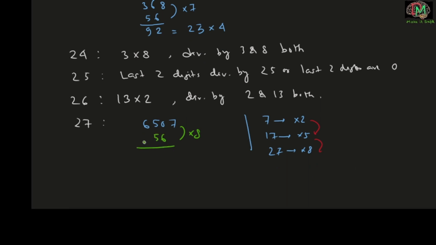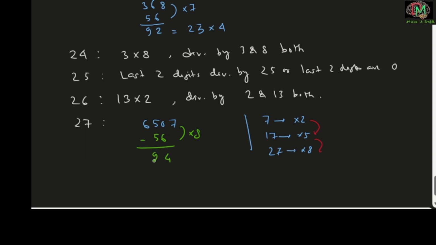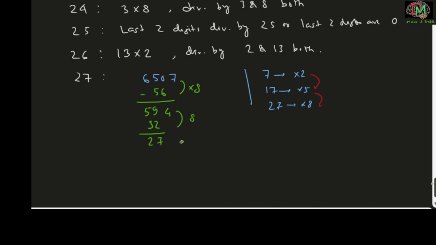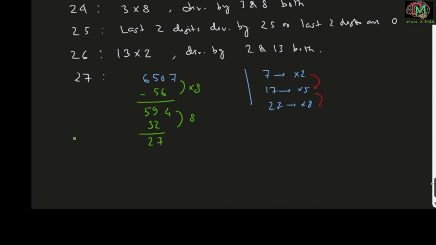It is 594, and again we multiply by 8, and we get 27, and it is a multiple of 27. So we can say that 6507 is divisible by 27.